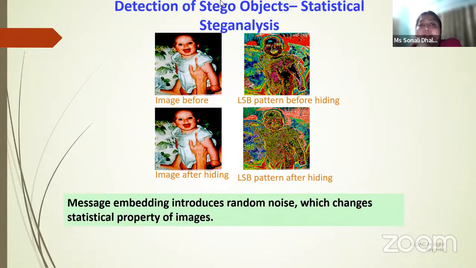If we plot the LSBs of the original and the LSBs after hiding, we can see the randomness of the LSBs increased in the tampered image. By measuring the difference in randomness, we can create a feature of the tampered image. This is some kind of statistical analysis; we use the chi-square test.